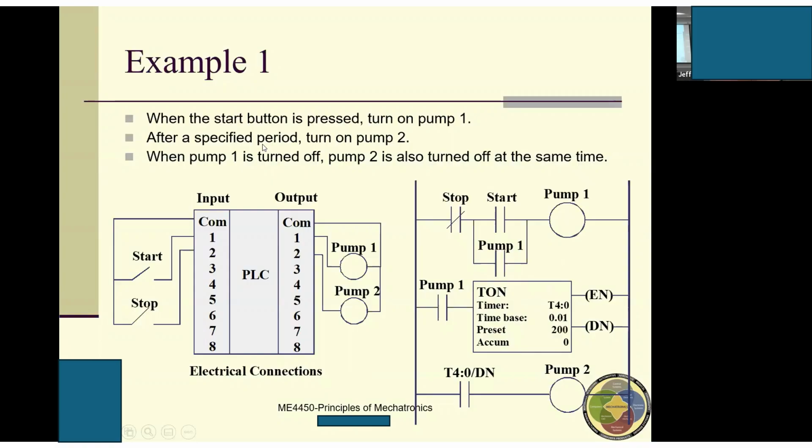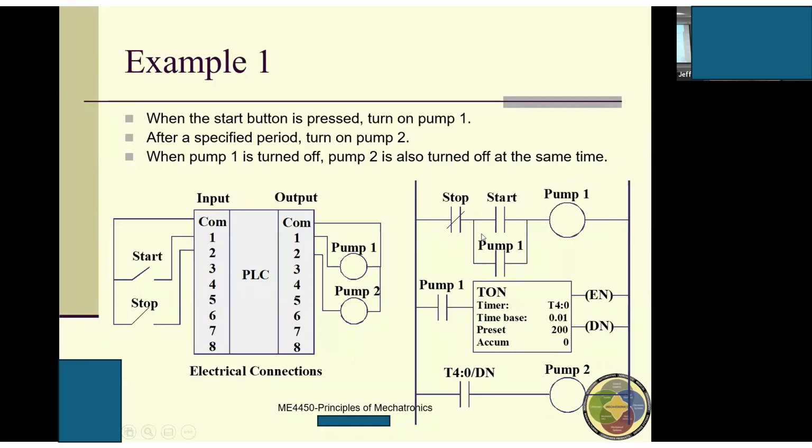Then, when pump 1 is turned off, pump 2 is also turned off. So this is a done bit. After some time, pump 2 is energized by this done bit. I use a done bit to energize this pump 2. So this is for this one.